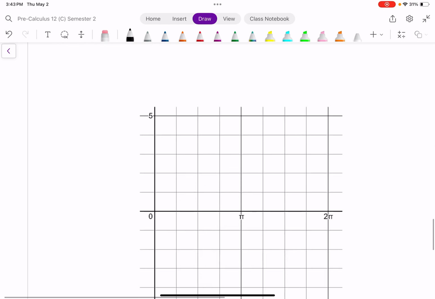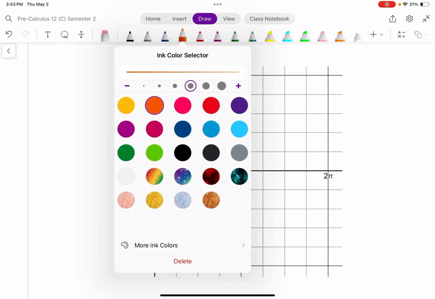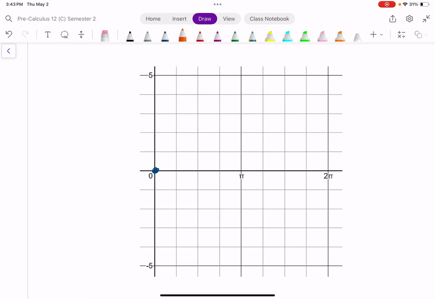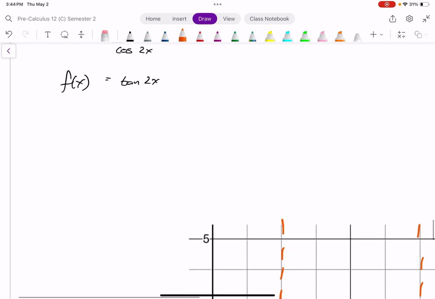So let's imagine my tangent function here. The tangent function starts at 0. In fact, actually, before I go on, I'm going to draw the asymptotes. The graph of tan x has an asymptote at pi over 2 and 3 pi over 2. However, there's a horizontal compression by a scale factor of 1/2 right there.